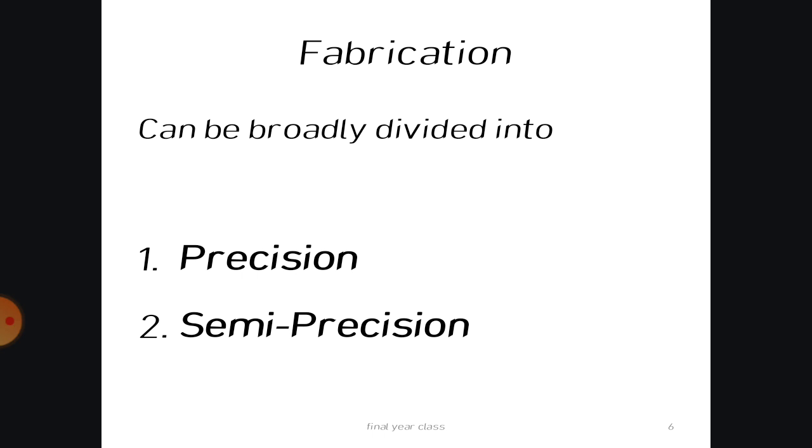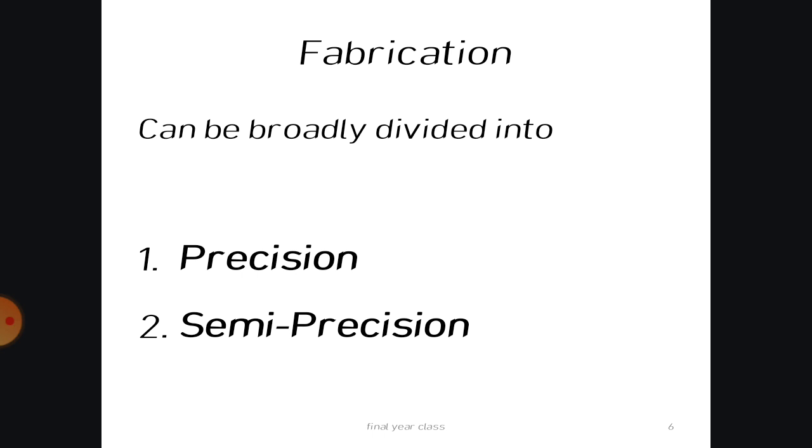You can modify it because you have cast it and created it, so if anything goes wrong, you can modify it. It is more economical compared to the precision attachment, and you can use different materials for fabrication, because you can use a noble metal alloy or a base metal alloy since you are fabricating it.